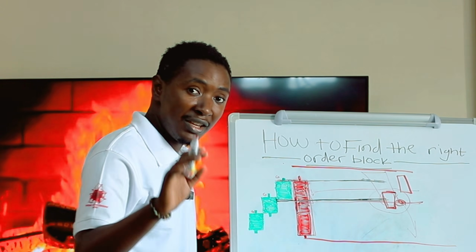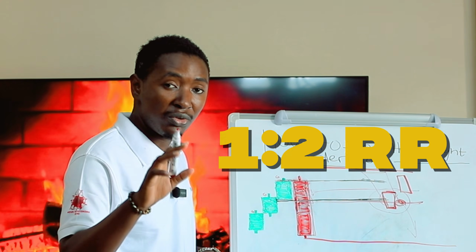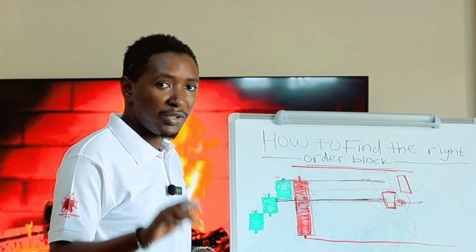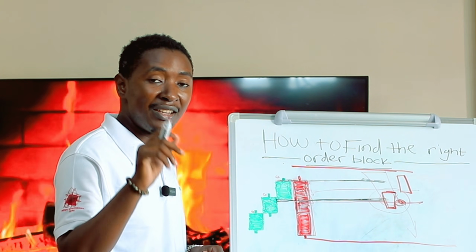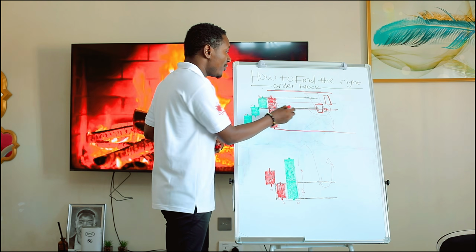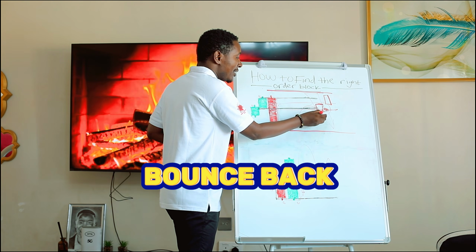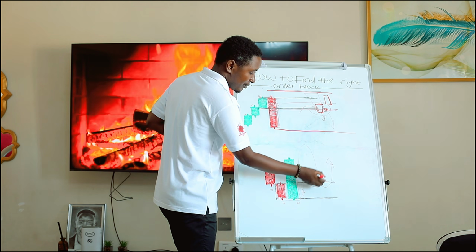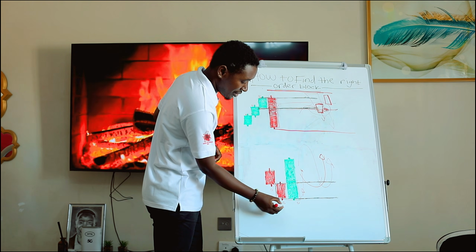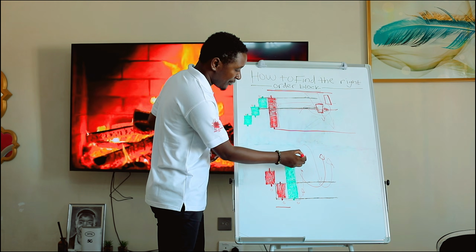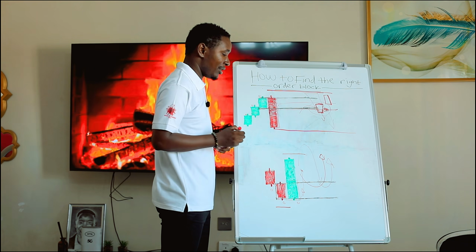And the good thing is that it will give you a 1-to-2 risk reward ratio. So it is very important for you to understand that even if this is an area where there is more likely going to be a bounce back, you ought to protect yourself with a stop loss as well as your TP.